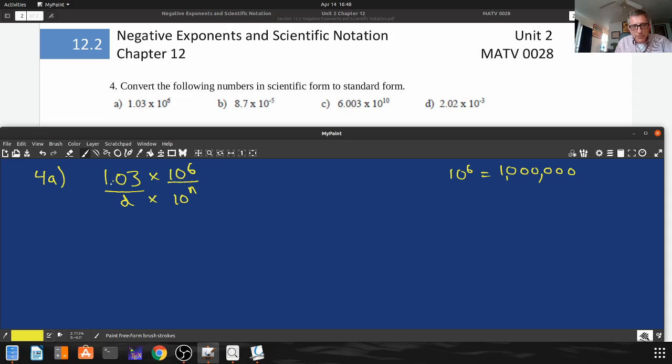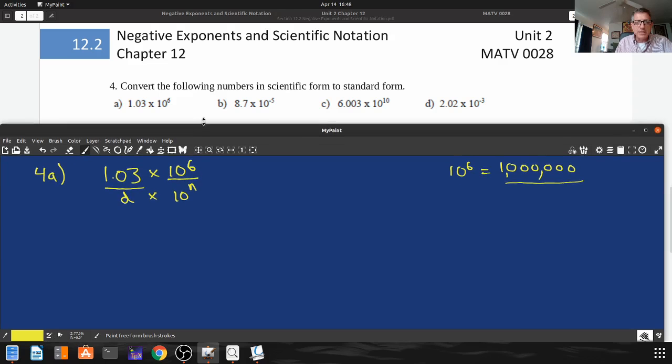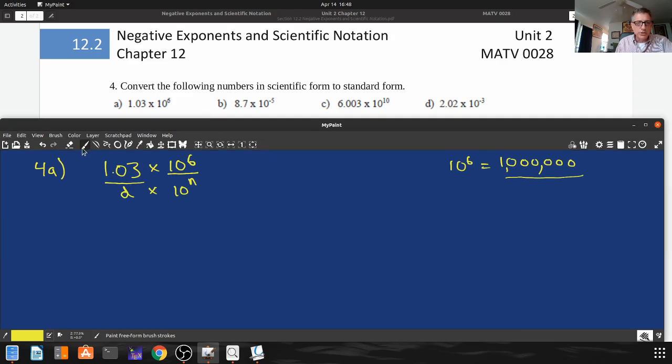The end result of multiplying something greater than 1 times something really, really large is going to be a really, really large number, something actually greater than 10.6. So the only reason I'm saying that is it tells you which direction to move the decimal.